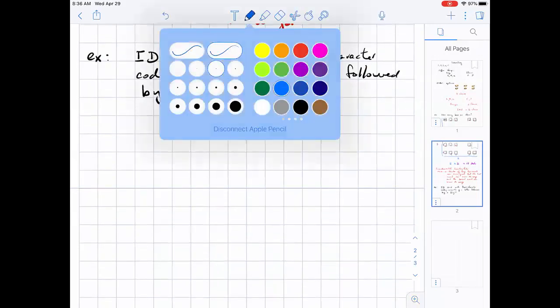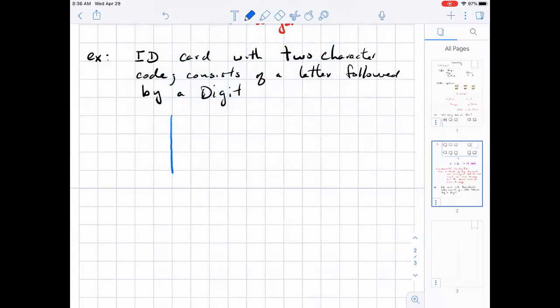So what we're looking for here, we have some ID card, and at the bottom of the ID card, you have 2 characters. The first here is a letter, and here it's a digit.